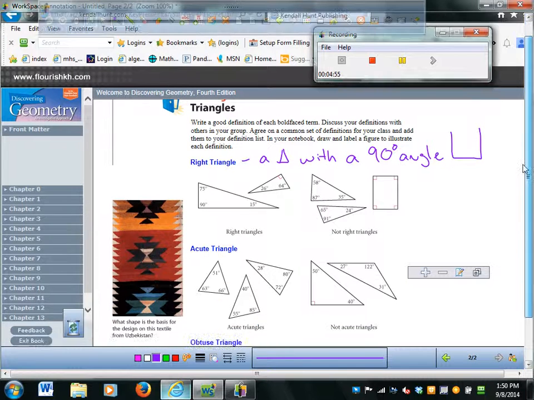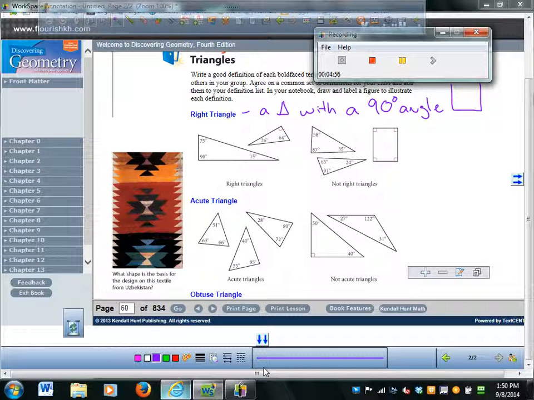Who can, wait, I'm going to give you a participation point. I can't give you Tootsie Pops every day, but I'll give you a participation point. Okay, who's going to tell me what an acute triangle is? Go ahead, Mary. A triangle with degrees less than 90 degrees. All angles are less than 90 degrees, okay?